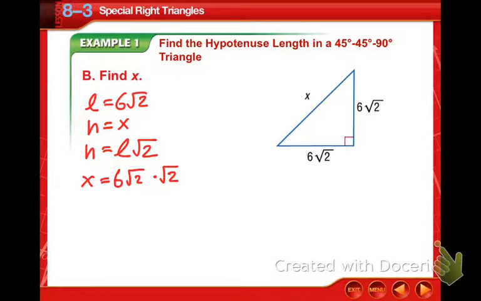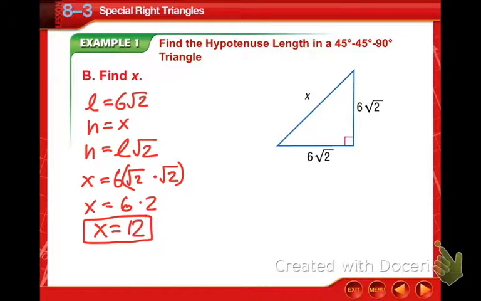When you multiply two square roots that have the same number inside of the square root, in this case 2, then you can get rid of the square root and just multiply the 6 by 2. Because technically, this stuff right here in parentheses is just squaring the square root of 2, which gives you just 2, right? So X is equal to 6 times 2 now, and X is equal to 12. So a little bit more work, a couple more steps involved, but still fairly simple, right? No need to get a decimal here. We don't have a square root to deal with anyway.